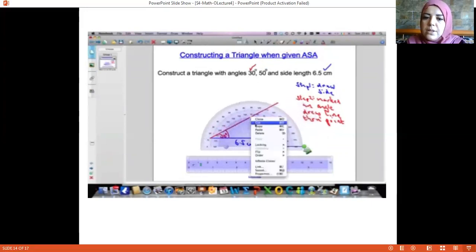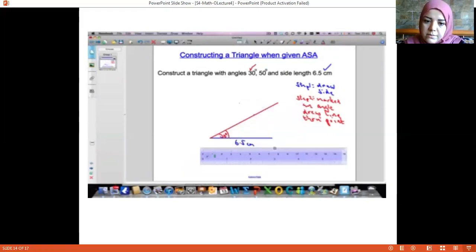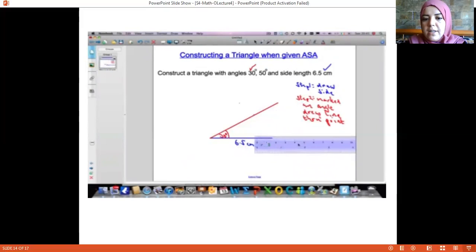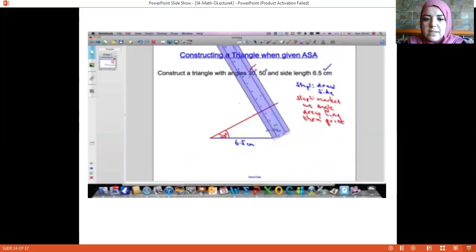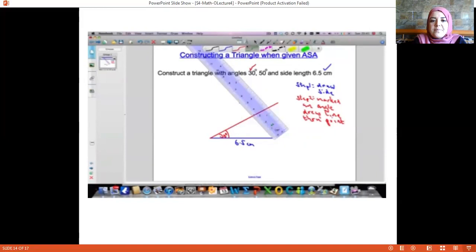Also using the ruler, you join them. You join the end point, another end point with the marked 50 degrees. You join them. And now, as you can see, we have two intersecting lines. And where did they meet? It's the third vertex.